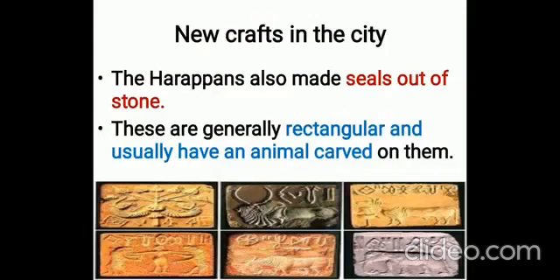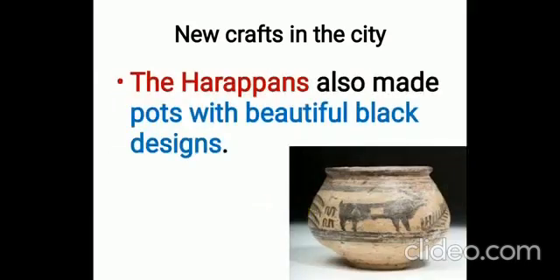Now we will come to the Harappan seals, which were also made of stone. These were generally rectangular and usually have an animal carved on them. You can see all the seals are of rectangular shape.